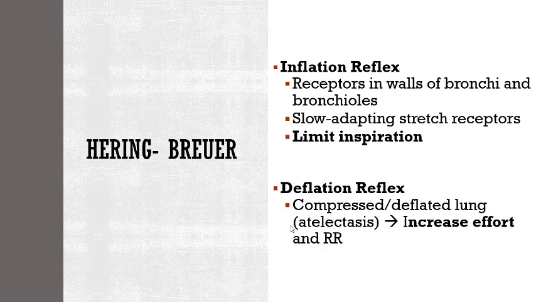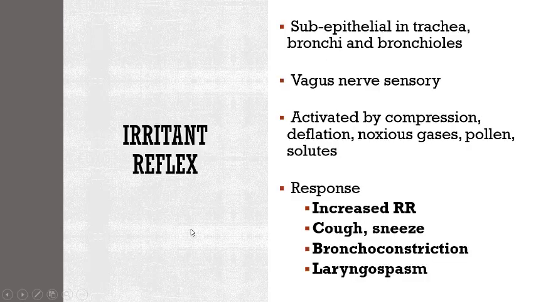So that's why a lot of times when somebody has either atelectasis or lung collapse, they get this very rapid, shallow breathing pattern, and that's coming from this Breuer reflex, particularly on the deflation side. These stretch receptors recognizing that they're not stretched enough, that something's going on, and so they're going to trigger a more increased respiratory effort. Okay, so then you get that shallow, rapid breathing.